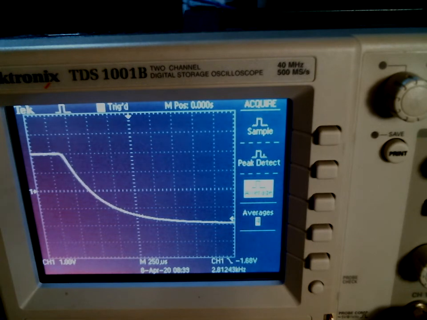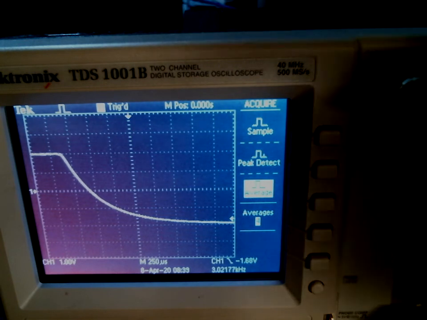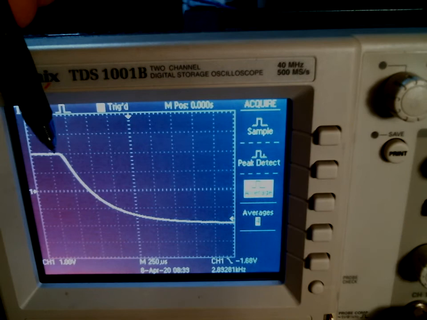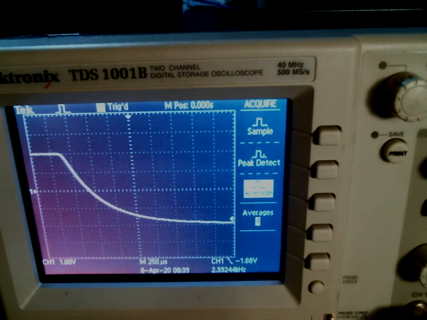So now I can think of this like a graph of e to the minus x, where this line is the x-axis, and that's the beginning of the graph.